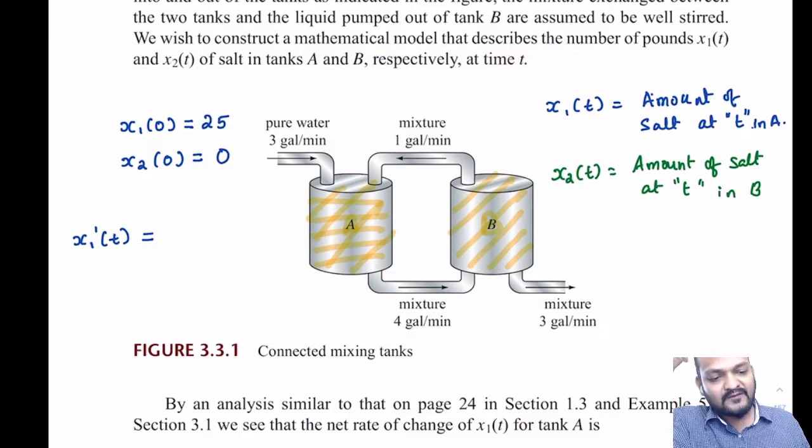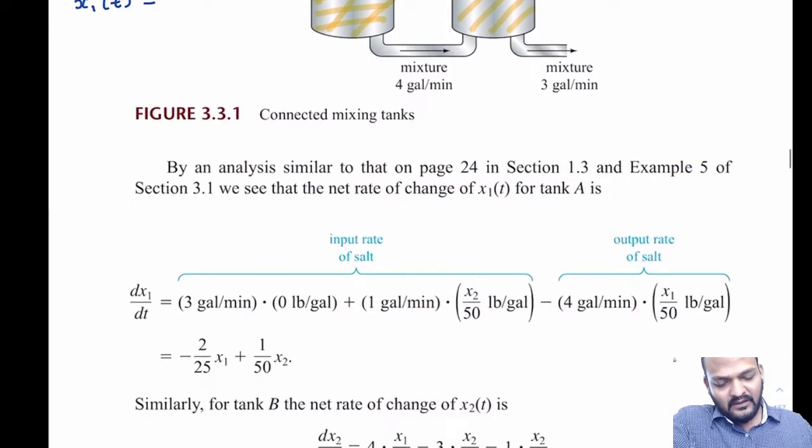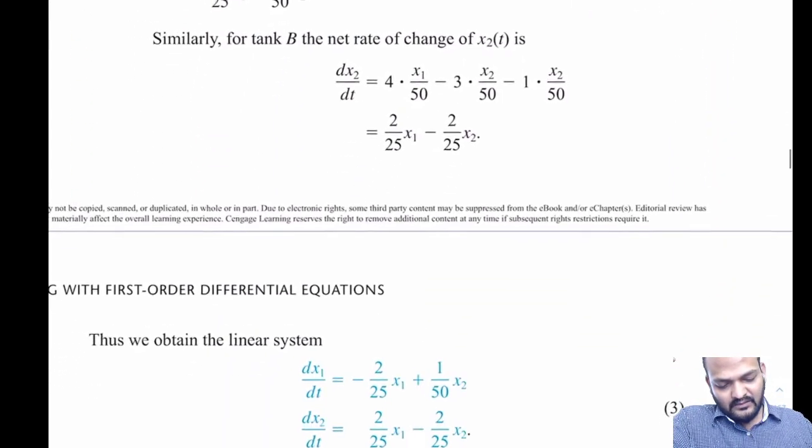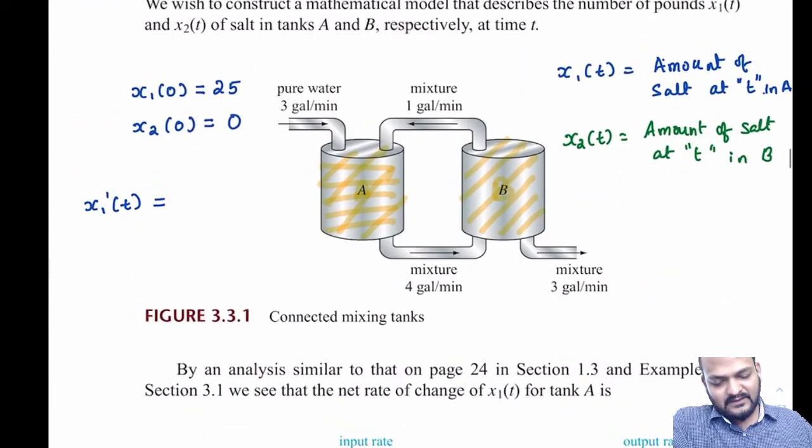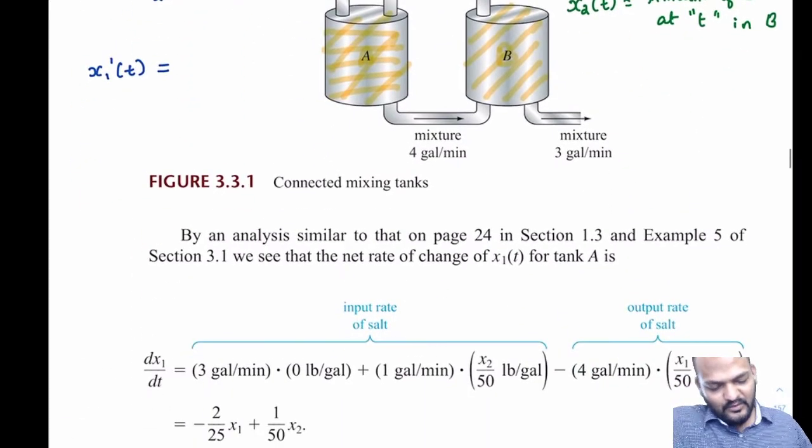So let's just say the amount of salt, or in this case, the concentration. If you take a look at this, it is receiving 3 gallons per minute, and there is no salt at all.